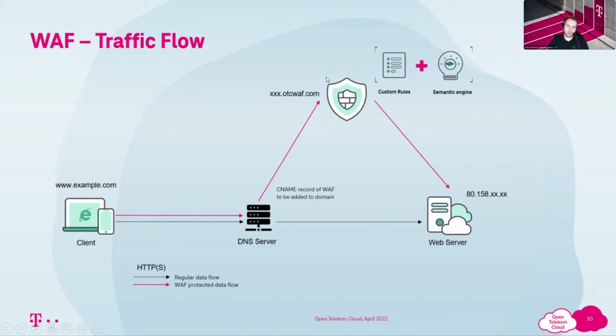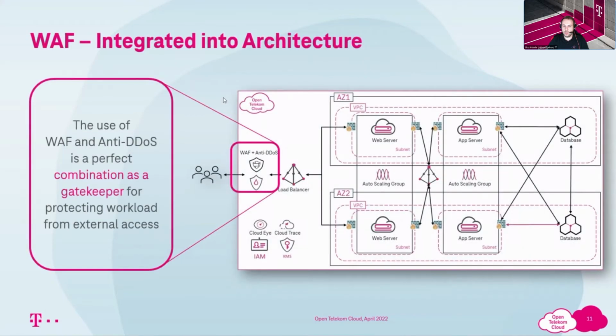The Web Application Firewall is one part of the general security structure, for example the zero trust model. This means in your architecture, usually you have the anti-DDoS in combination with the WAF together as a, let's say, gatekeeper before you have traffic inside your workload.